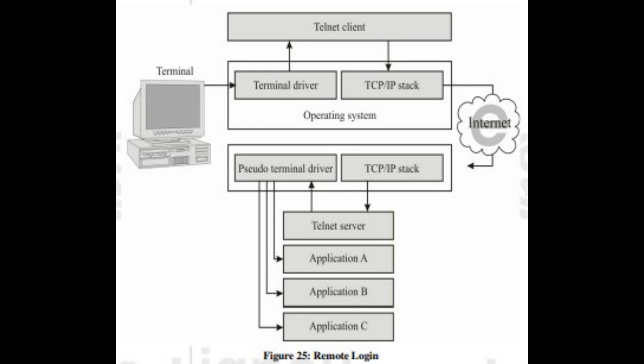The solution is to add a pseudo terminal driver, which pretends that the characters are coming from the terminal and not from the client. The operating system then passes the characters to the appropriate application. Look at the screen. Figure 25, Remote Login.